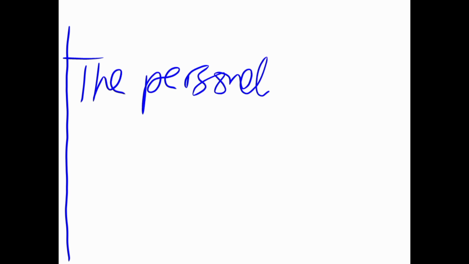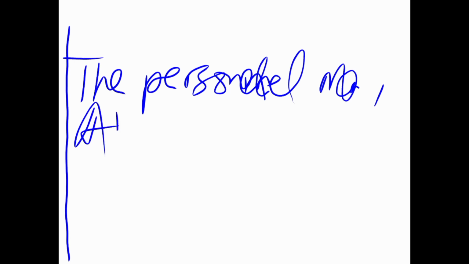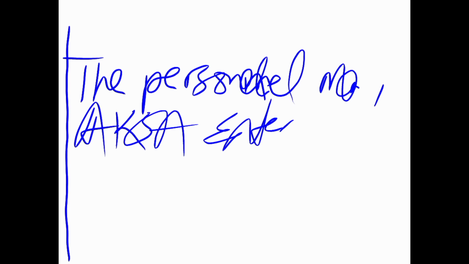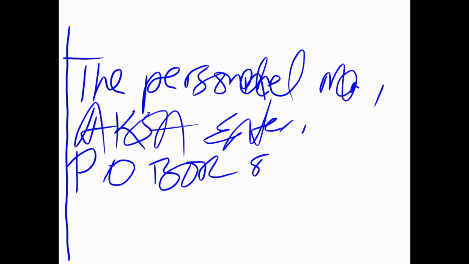Personnel is double N. The personnel manager, AXA Enterprise, comma. This must be flush with the imaginary line. You shouldn't leave a gap here. After that, you write the post office box, put the numbers, comma, and then you put the district, Lusaka. You put a full stop.